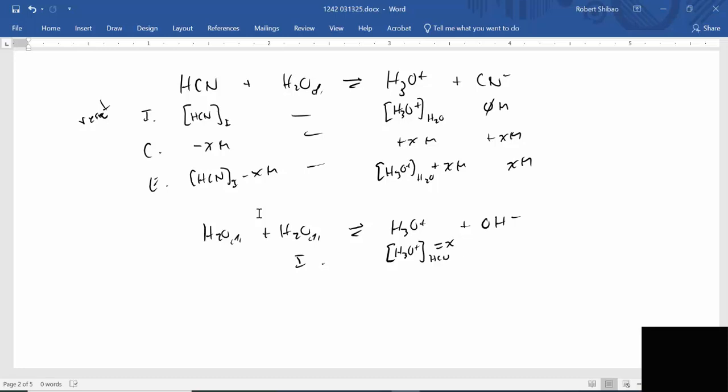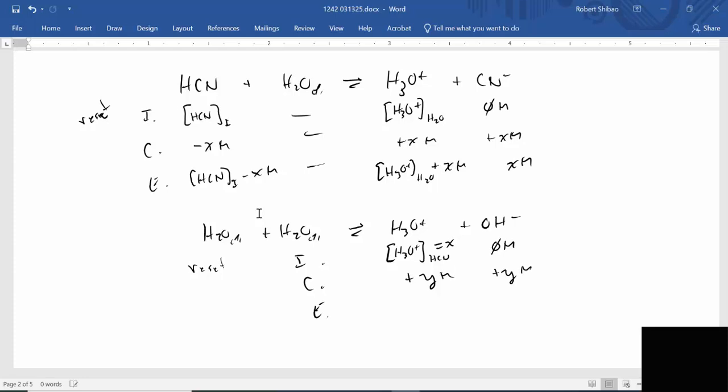And then the hydroxide, I'm going to assume that water has not hydrolyzed at all yet. So I'm resetting this as well with respect to water. And so the change here is going to be plus. Now I don't want to use X here because do you see I already used X? X is the hydronium from the HCN. So I'm going to call this Y, plus Y, plus Y molar.